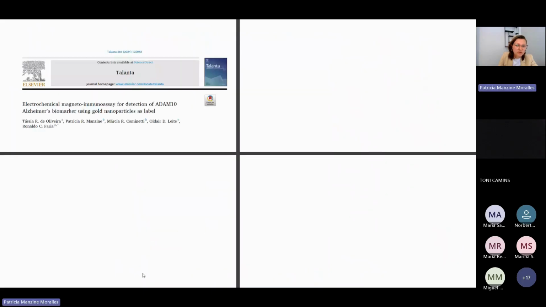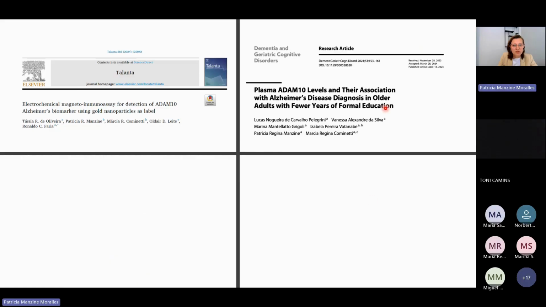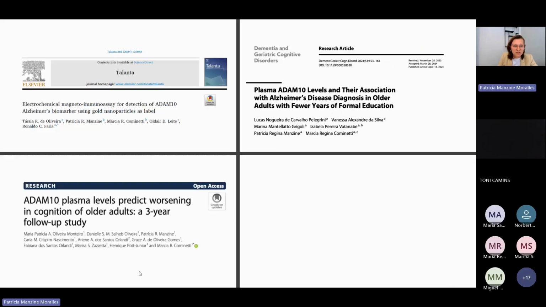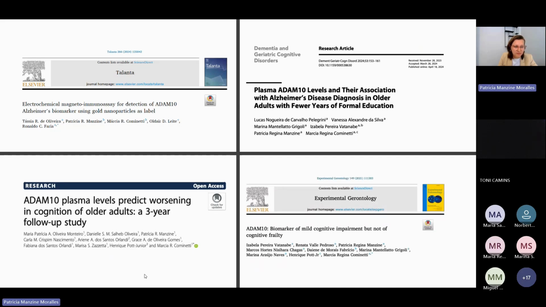Our studies continue to be published about EDN10 in plasma using biosensors, for example, using gold nanoparticles, in different samples with low or high education levels, in longitudinal studies, and also, for example, with co-pathologies.